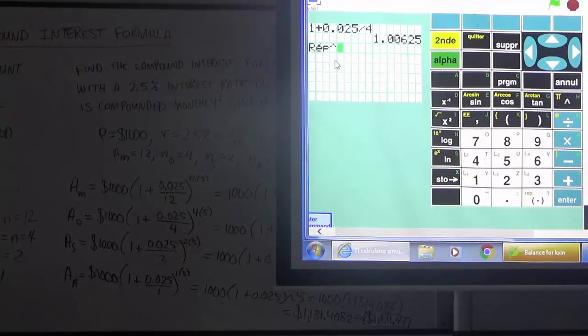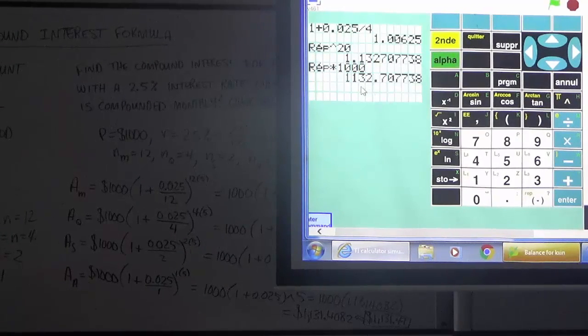and you're pressing it. And after you press it, you're going to put in your new exponent. Now on this one, remember, we have quarterly compounds for 5 years. So the number of compounds for quarterly compounds for 5 years is 4 by 5, which is 20. Then we press enter. We get the rate amount that we're going to have for the 20 compounds over the 5 years. And we're going to multiply that by the $1,000 investment.